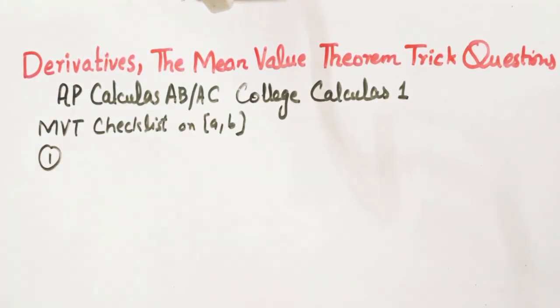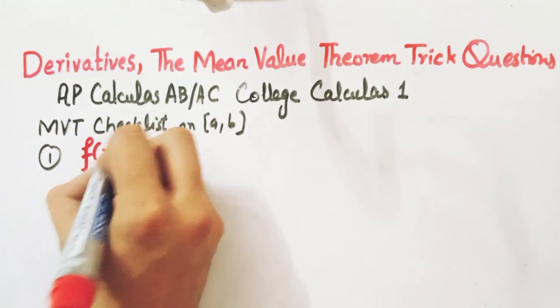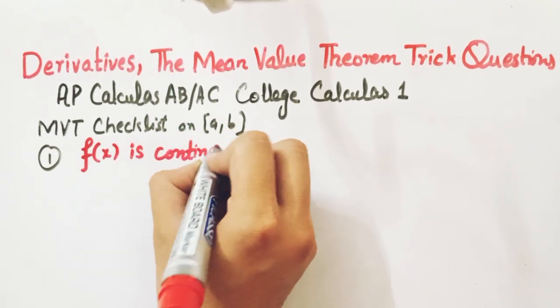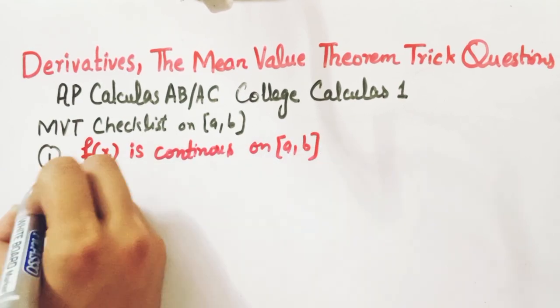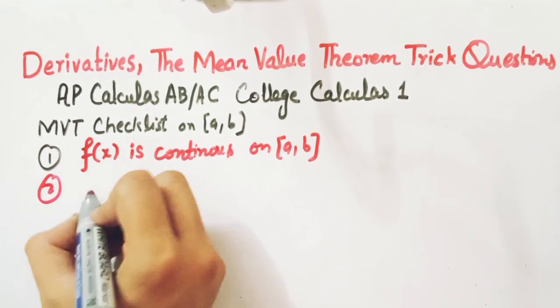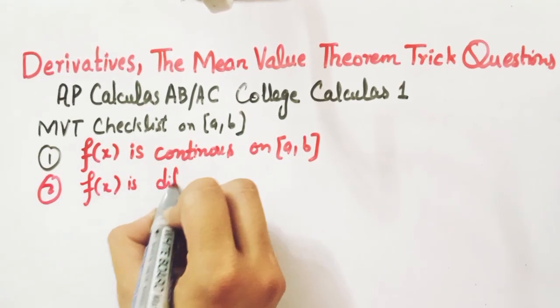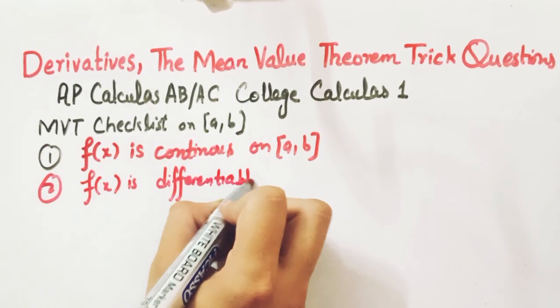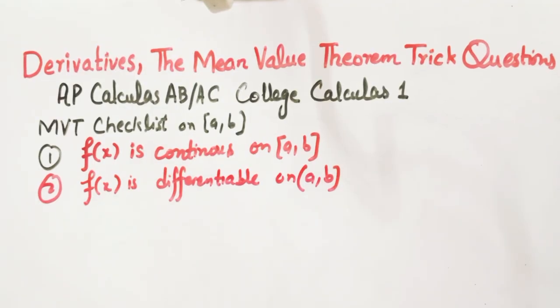First one is f of x is continuous on [a, b]. Second is f of x is differentiable on (a, b).